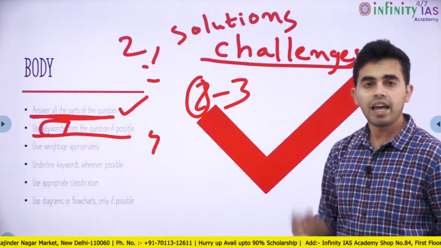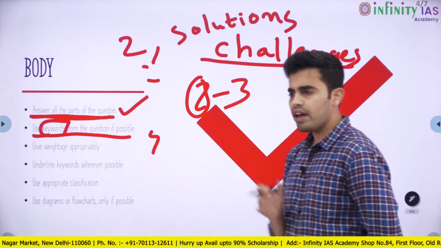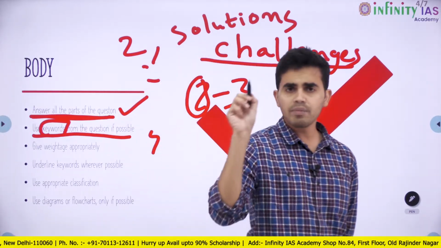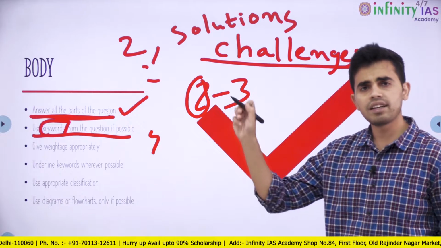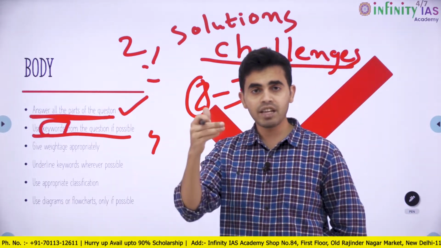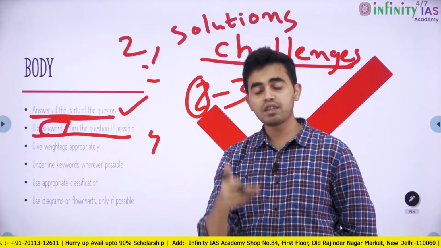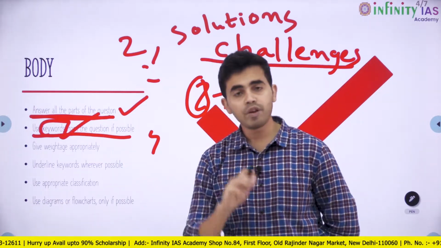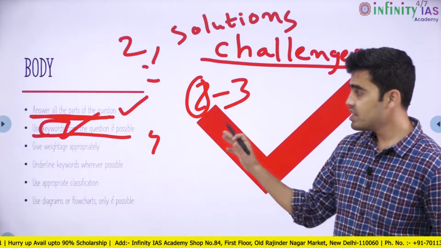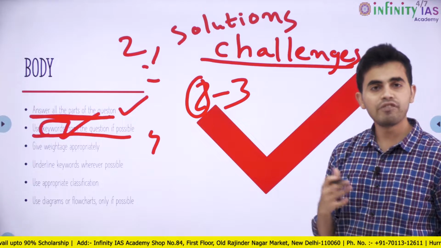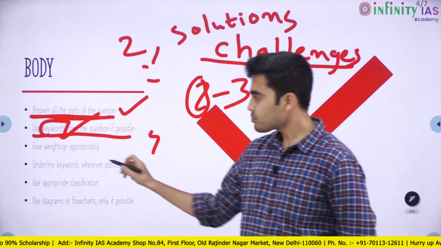For example, in this urbanization question, we can start with the subheading, the challenges faced by Indian society due to increasing urbanization are. So, this will help the examiner to know whether you have answered the parts correctly or not. So use the keywords from the question itself. This will make it easier for the examiner and in turn will give you more marks.